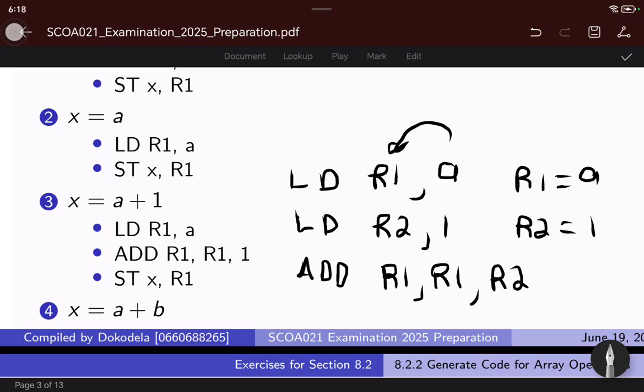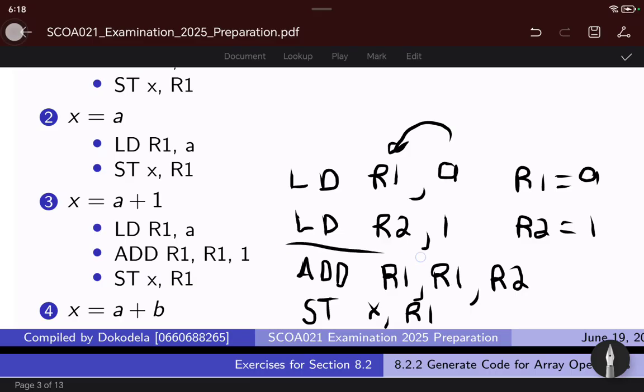We're adding R2 into R1. Then I store the results in R1. Then I store the results of R1 into X. Remember, this is saying is equal to X.